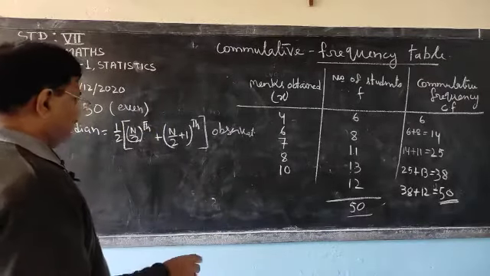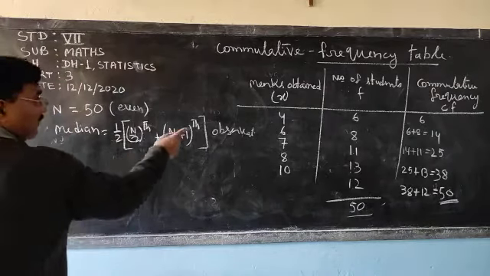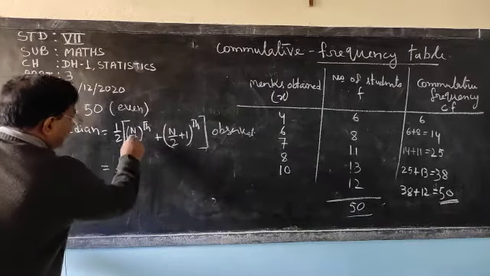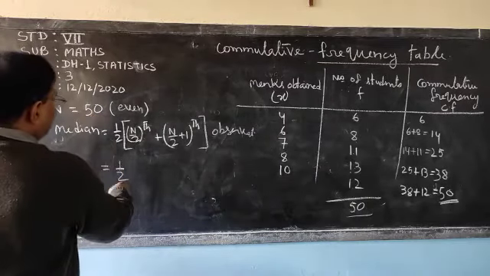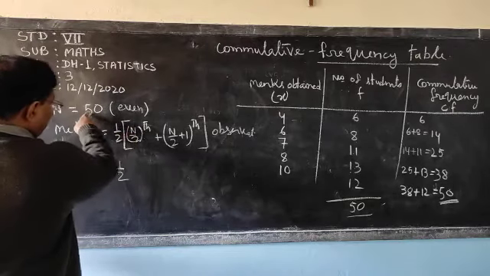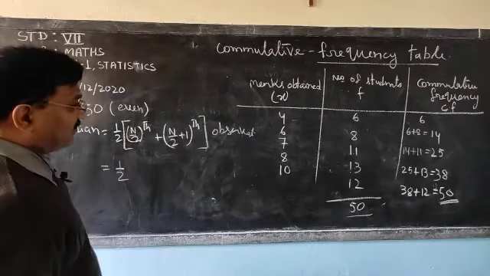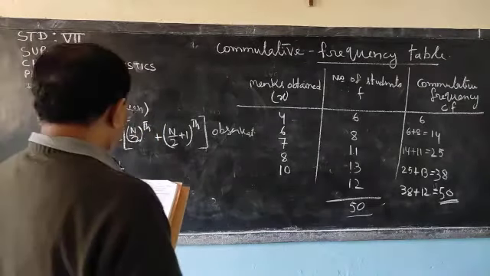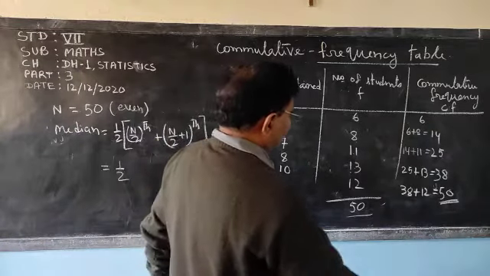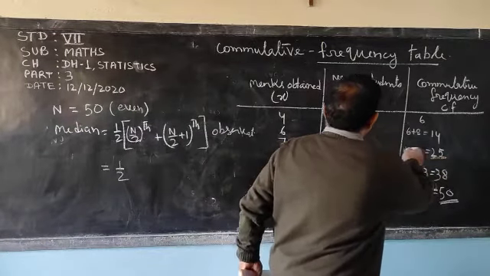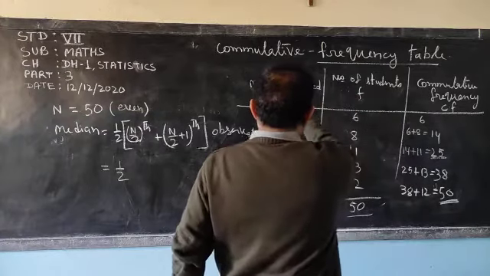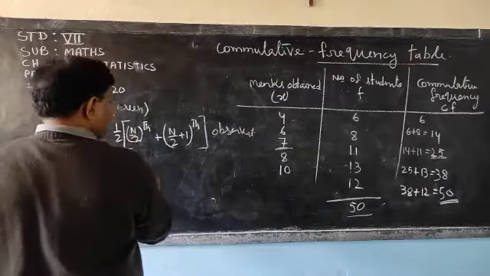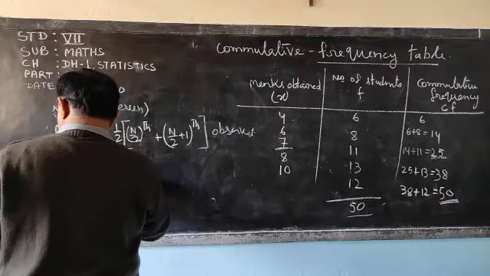Now let us see. We have to find the median of that data. Median is equal to 1 by 2, n by 2 means 50 by 2. N means 50, 50 by 2 means 25th. Which one is the 25th observation? The 25th observation, in the number of students, is 7.